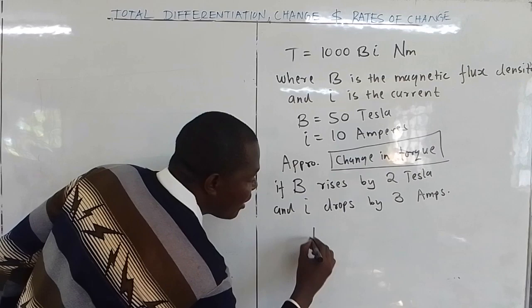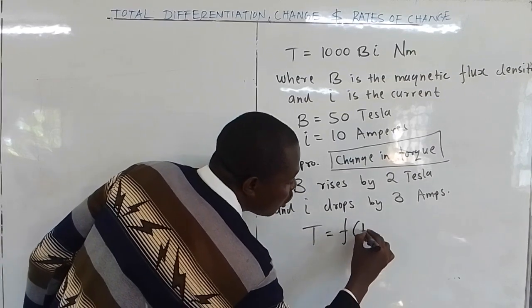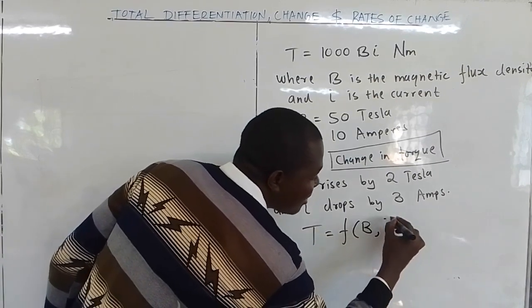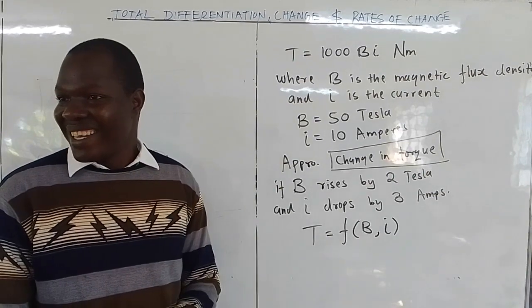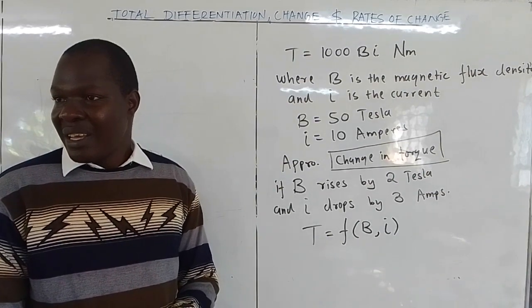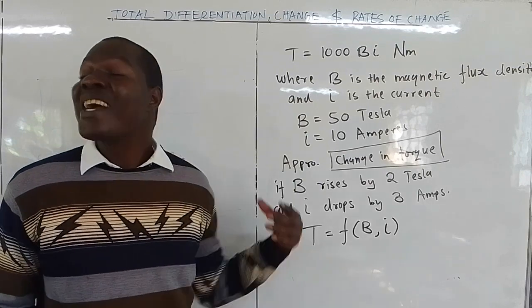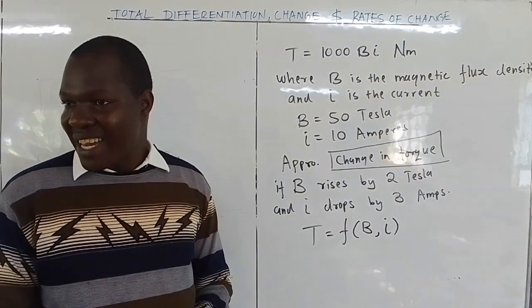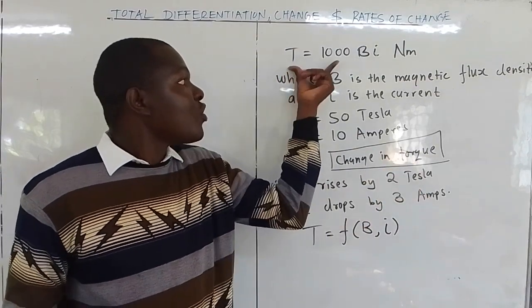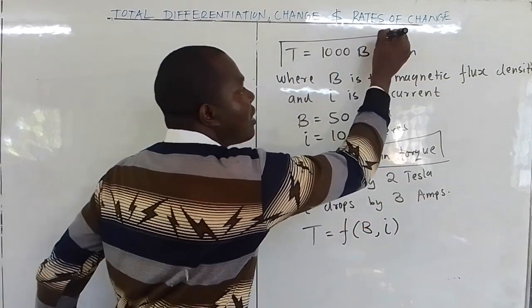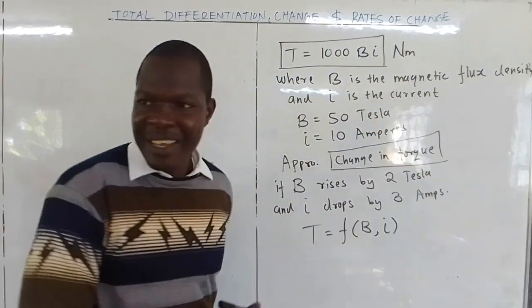These are the variables, the things which are changing, isn't it? Are we together? What you are looking for is what you make the subject of the formula. We are looking for the change in torque, and torque is already the subject of this formula. T is already the subject.